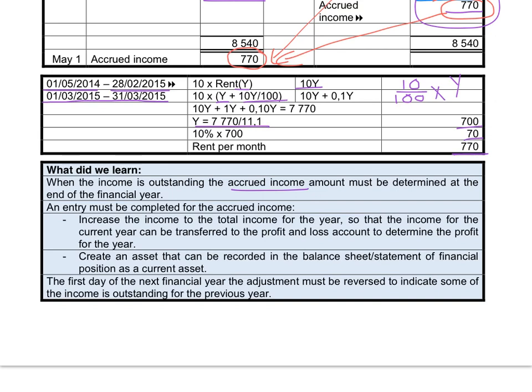Increase the income to the total income for the year so that the income for the current year can be transferred to the profit and loss account. So we will always transfer the correct amount when there's no prepayments and no accrued amounts. Then we create an asset and we show that asset in the balance sheet as a current asset. The first day of the financial year, the adjustment must be reversed to indicate the income is outstanding for the previous year.